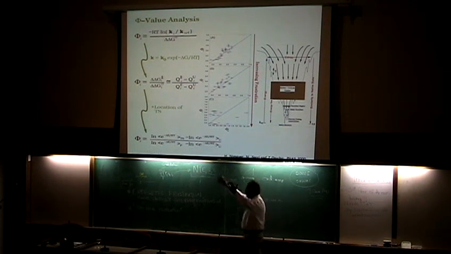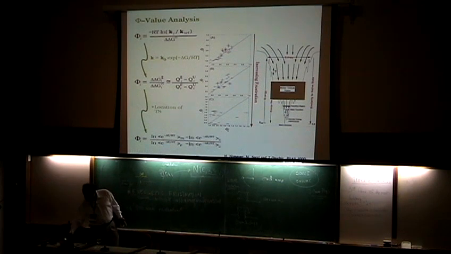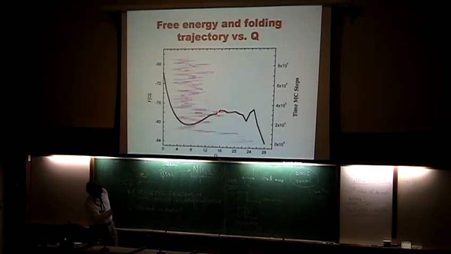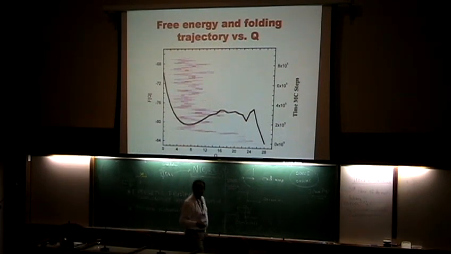Like I told you on my funnel picture, if I believe my energy is perfect, and the order of the contacts makes no difference, and I look at the top of my barrier, that's about halfway through.